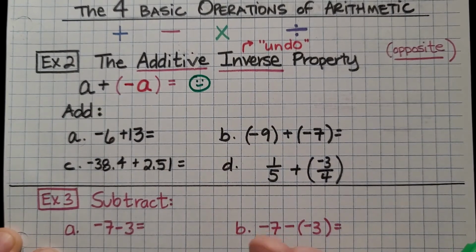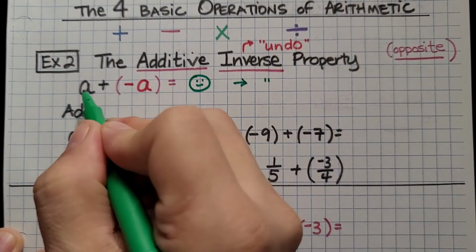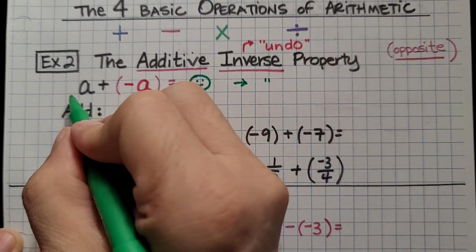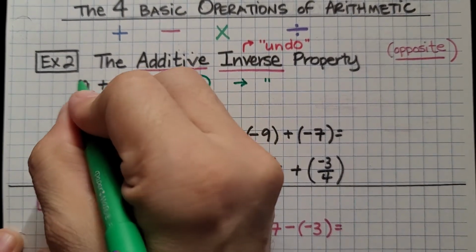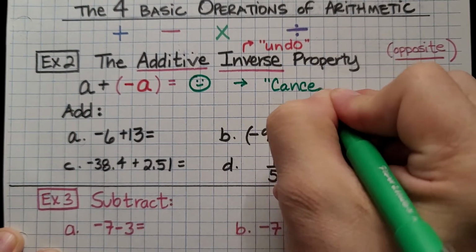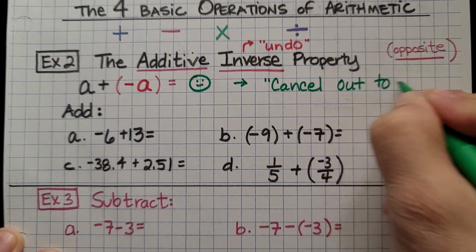Sometimes they cancel out to 1. When we're dealing with addition or subtraction and we add the opposite number, we are trying to undo what they ask us to do. We're trying to undo or get rid of this A, and this actually will cancel out to 0.